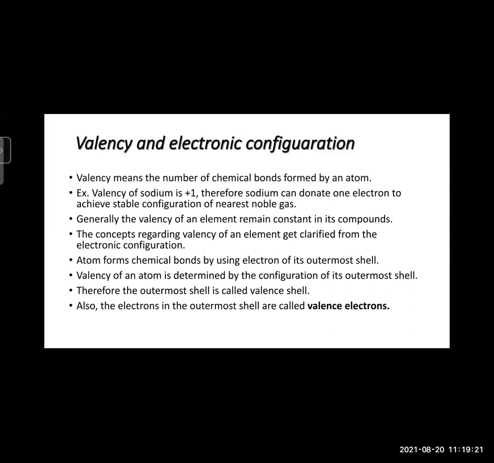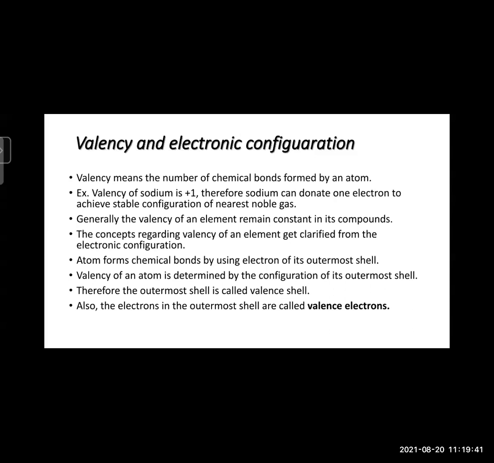Atoms form chemical bonds by using electrons of their outermost shell. The valency of an atom is determined by the configuration of its outermost shell.